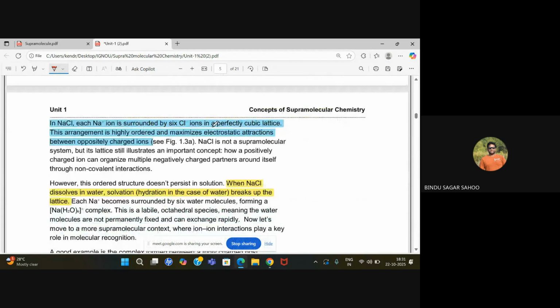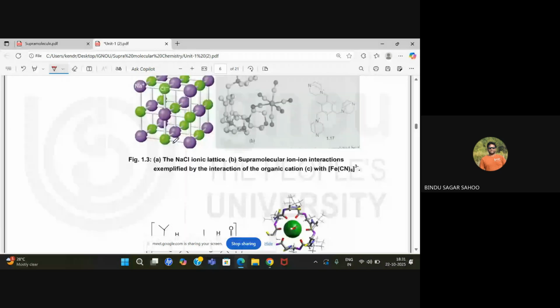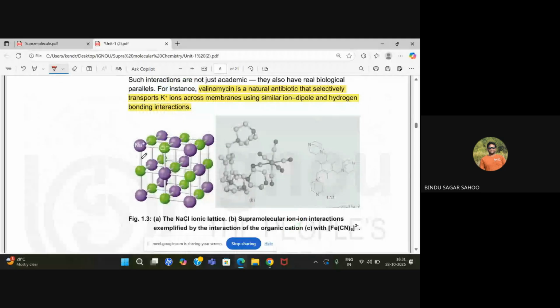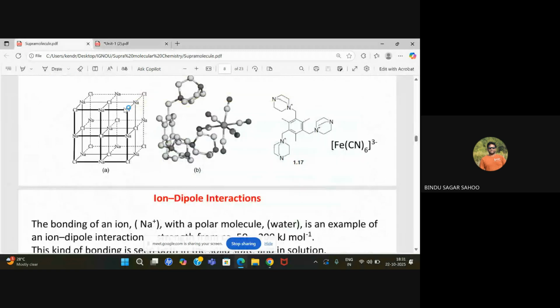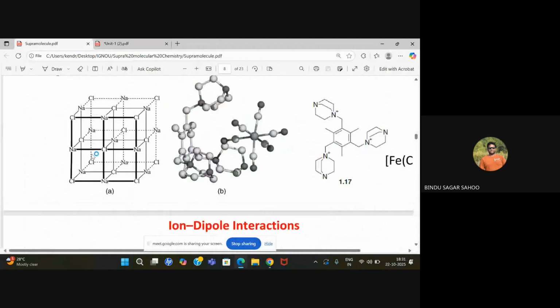We can see here in figure 1.3a the sodium chloride structure. This is Na plus, this is chlorine minus, this is again Na plus, this is again chlorine minus. You can see in the cube, the sodium and chloride get alternate positions.